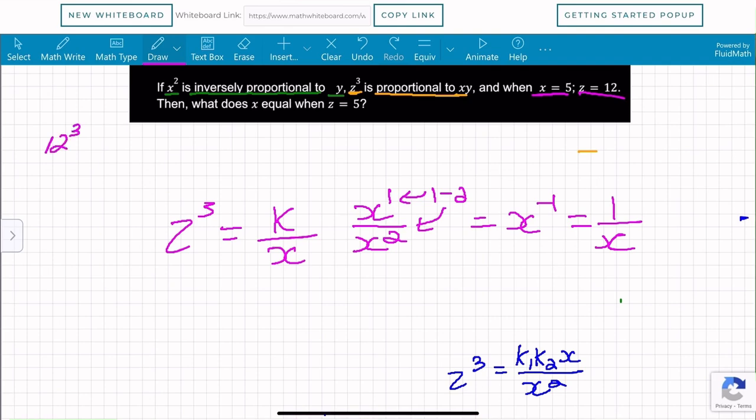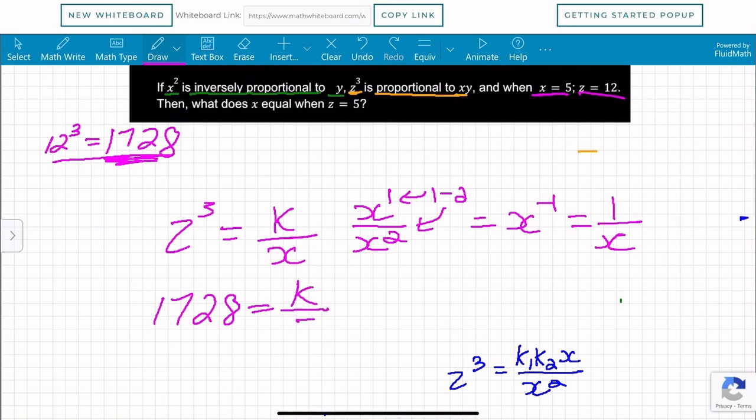We're going to use these values, x equals 5 and z equals 12. So 12 to the third is equal to 1,728, I'm pretty sure. So we're going to use that value, and we're just going to put it back into the equation. 1,728 is equal to the constant over, well, x is equal to 5, so we're just going to put 5.